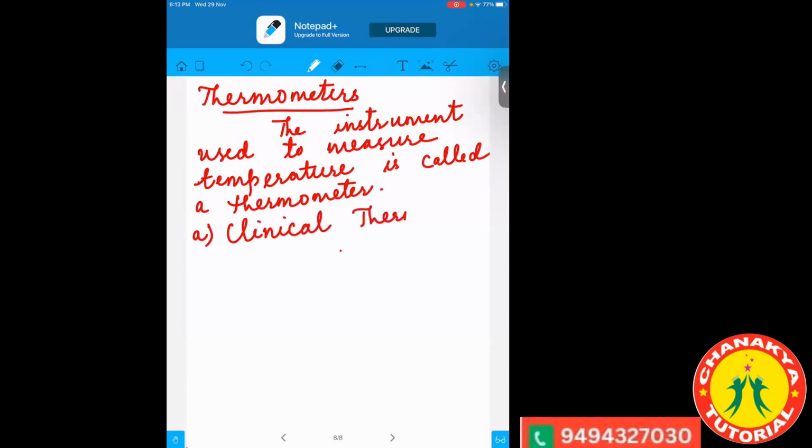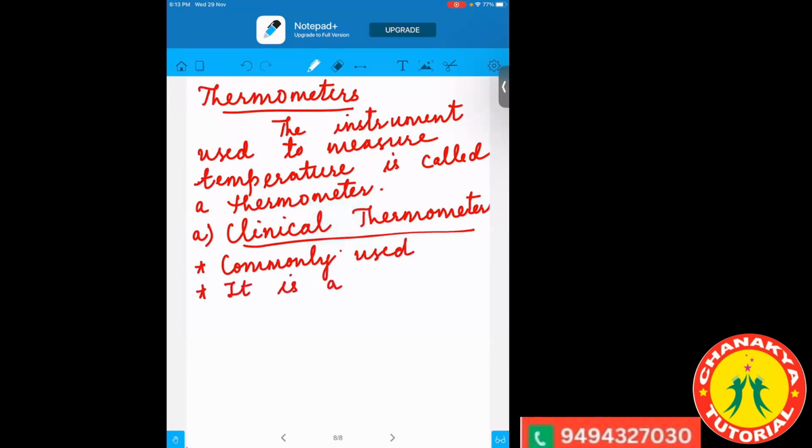So you have seen the structure of the clinical thermometer right now. The clinical thermometer is a commonly used thermometer, and it is made up of a narrow tube of thick glass.